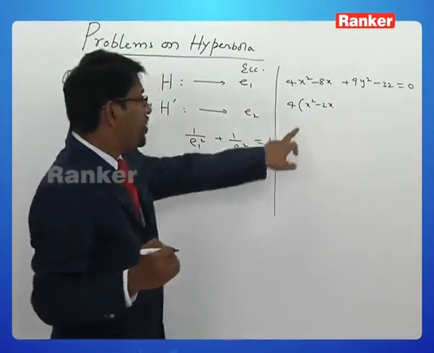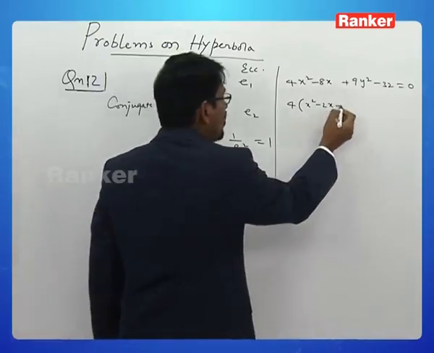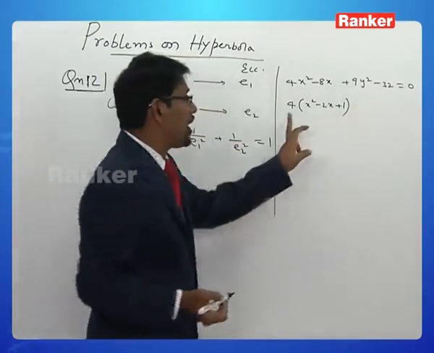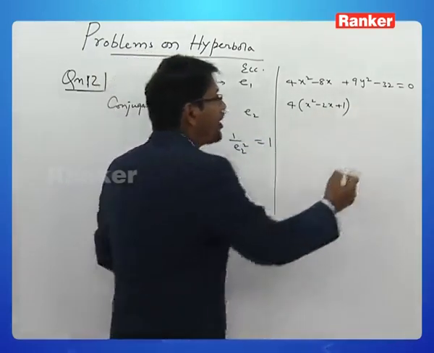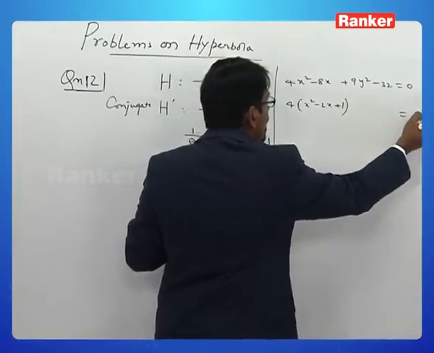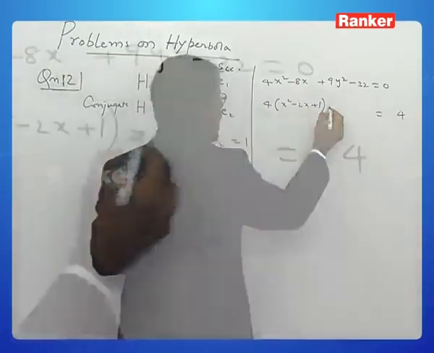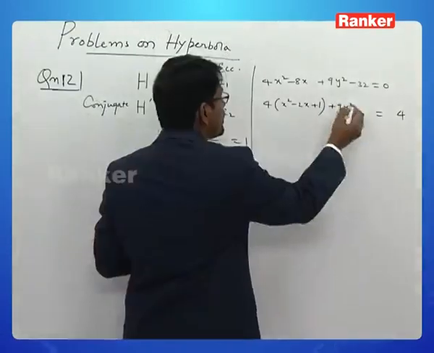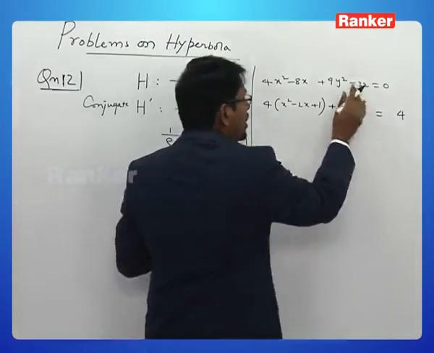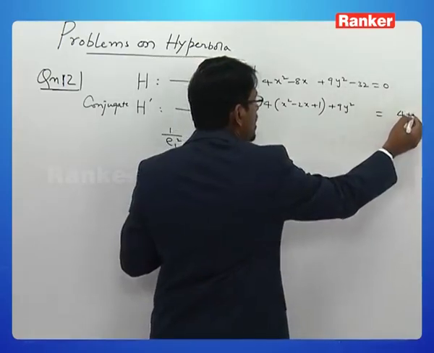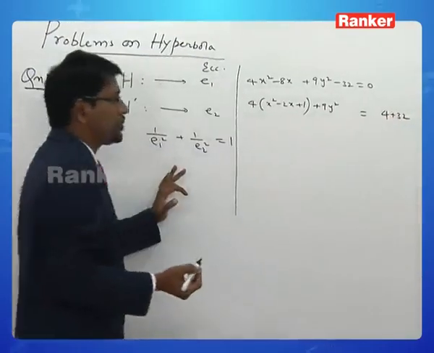We need to complete the perfect square here, so we need to add a 1. That means we're actually adding a 4 here, so we will compensate that by adding a 4 on the other side. Now we have the 9y square. This minus 32 can be brought that side, therefore we have 32.